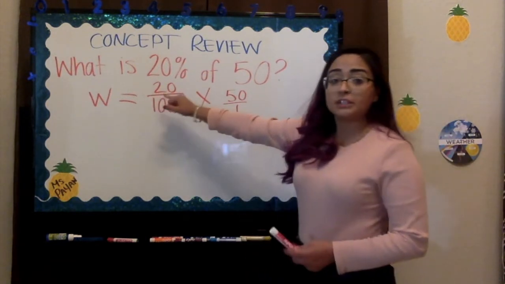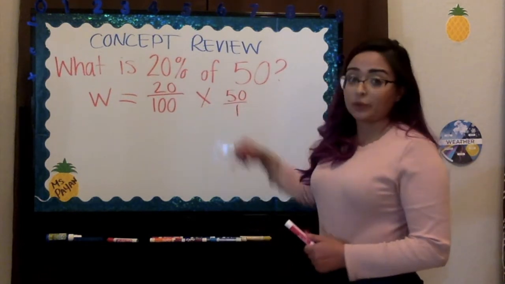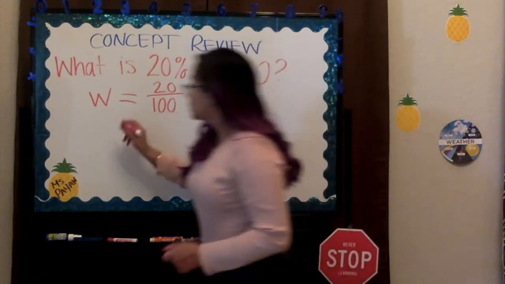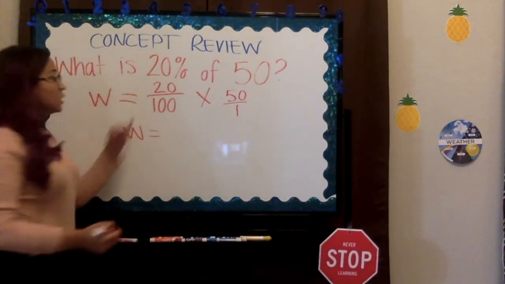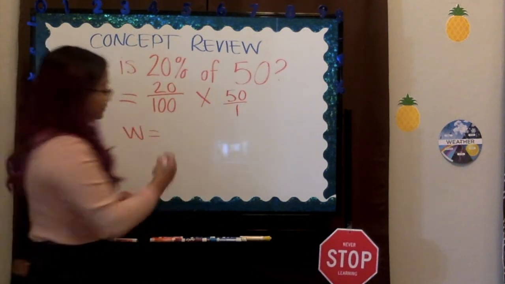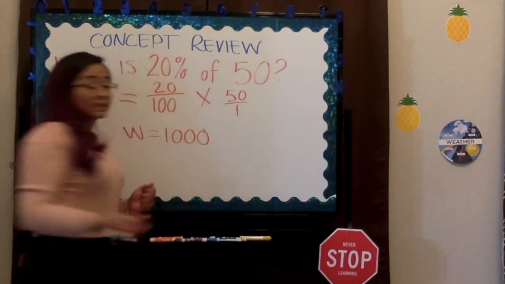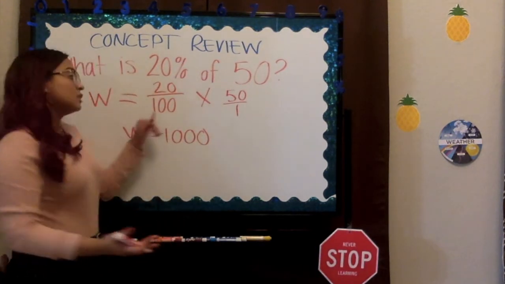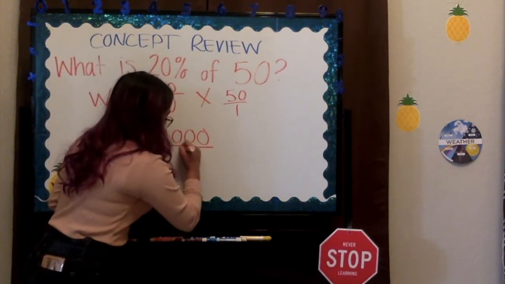What we're going to be doing is we're going to be multiplying straight across, okay? So we have our W equals, what is 20 times 50? 1,000. What is 100 times 1? 100.